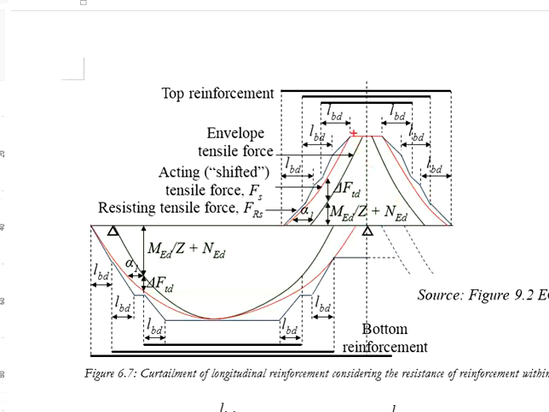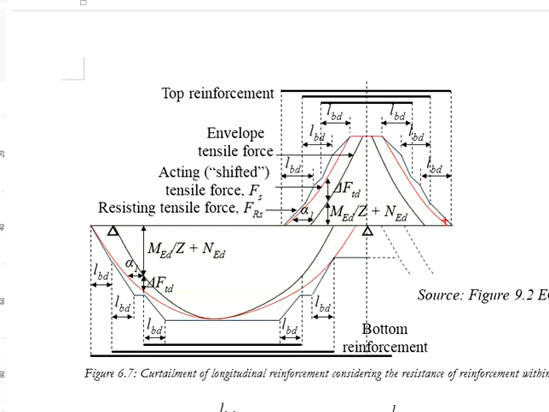Now, after you obtain this shifted tensile force envelope diagram, you're going to provide the reinforcement. Let's say in this case, you have 3 groups of reinforcement. You start with the first group here, taking into account the development of the tensile stress due to the anchorage length.